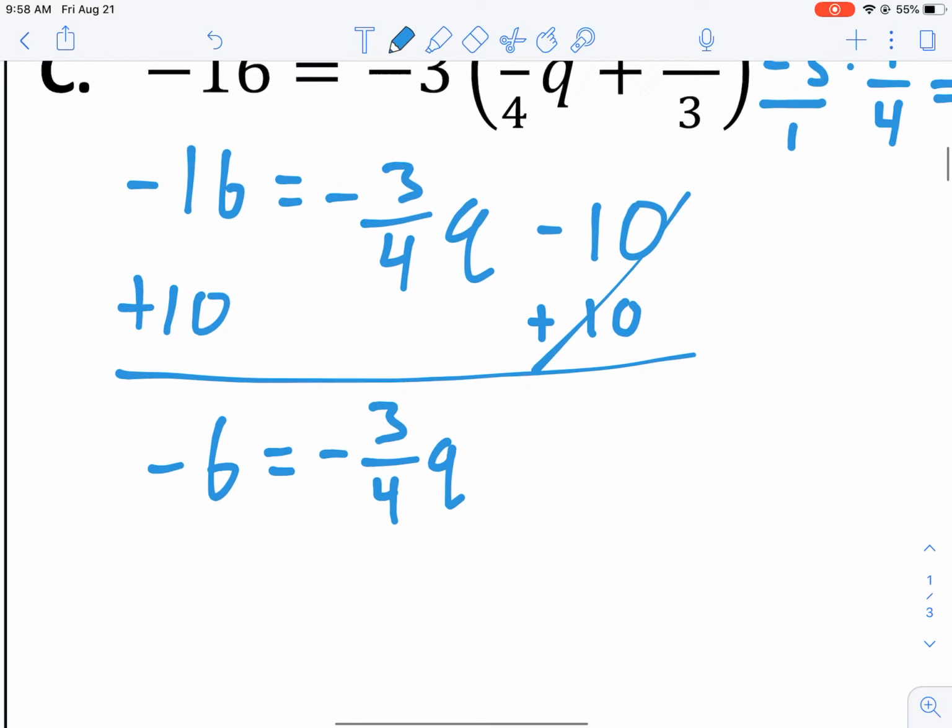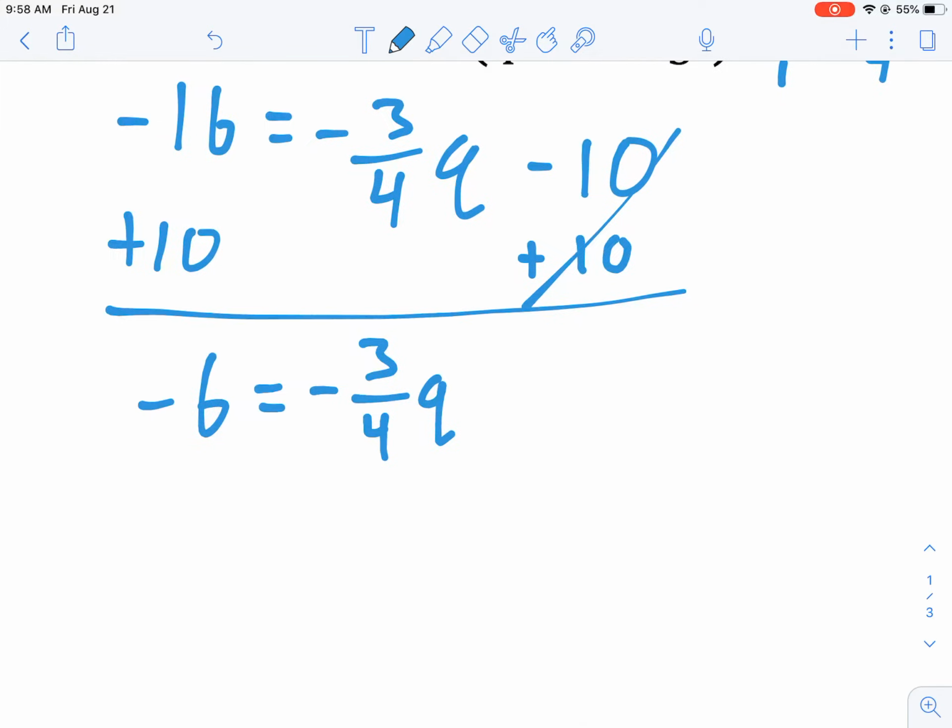But dividing by a fraction doesn't really make it clear what the answer is. If you ever want to get rid of a coefficient that's a fraction, like we have here, you're going to just multiply by the reciprocal, okay? The reciprocal is the fraction upside down.